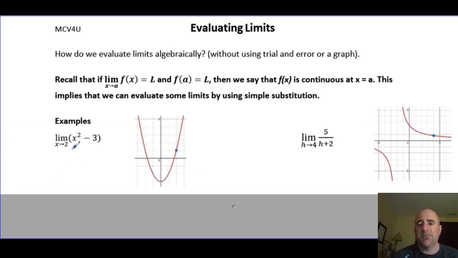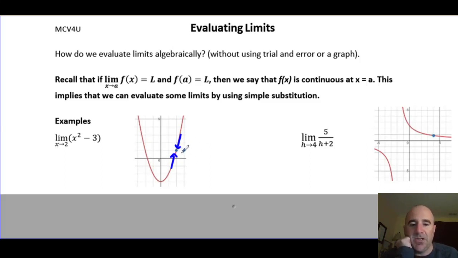So the limit as x approaches 2 of x squared minus 3. I've got the graph of x squared minus 3 for you here, and we can see that I've labeled the point where x equals 2. So this limit definitely exists, both from the left and from the right. From the left, you get closer and closer to y equals 1, and from the right, you get closer and closer to y equals 1.